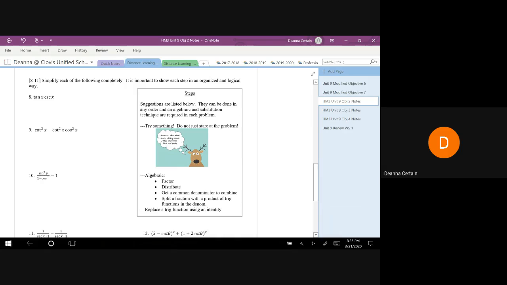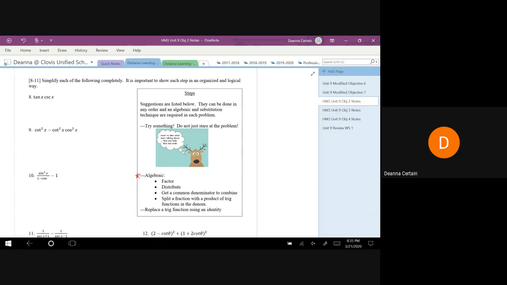After you've decided what you're going to try, some of the things to consider would be, first of all, algebraic potentials. Can you, like I said, factor? Do you see a trinomial that factors? Do you see two squares that you could do difference of squares on? Do you have two cubics where you could do cubic factoring on? Something along those lines.